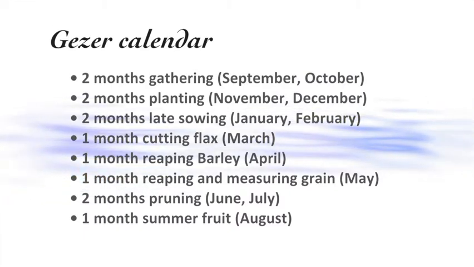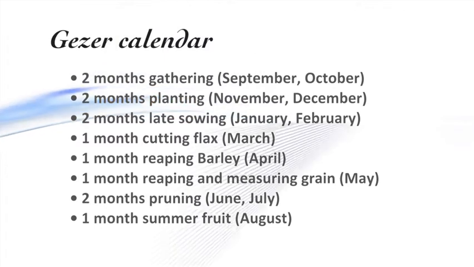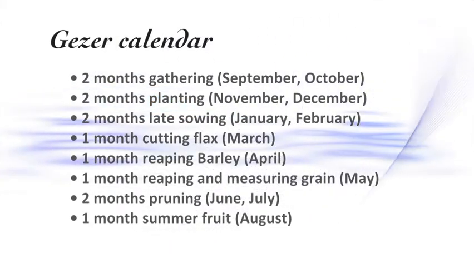So originally the year began around the autumn harvest and the start of the rainy season, both of which signified the start of a new agricultural year.